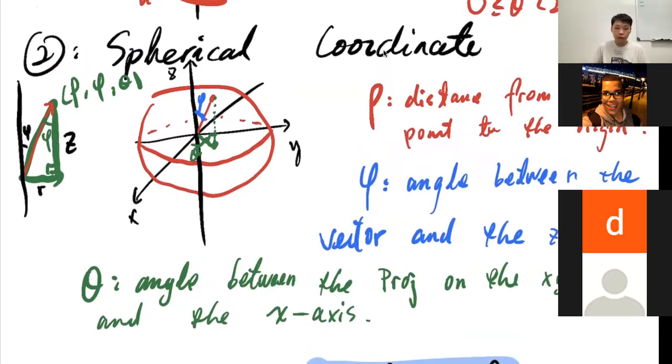The best way of representing the points using Cartesian coordinates is to use an implicit formula, x squared plus y squared plus z squared less than or equal to a certain radius r. And it's really hard to come up with an integration formula using these coordinates x, y, and z.